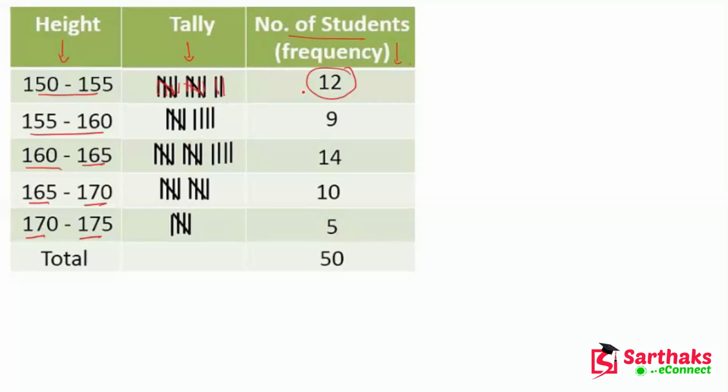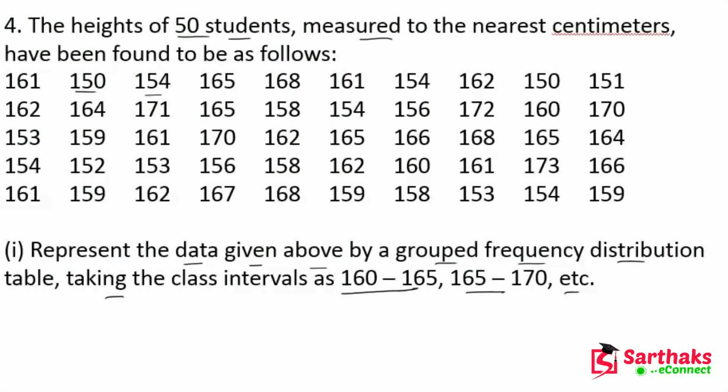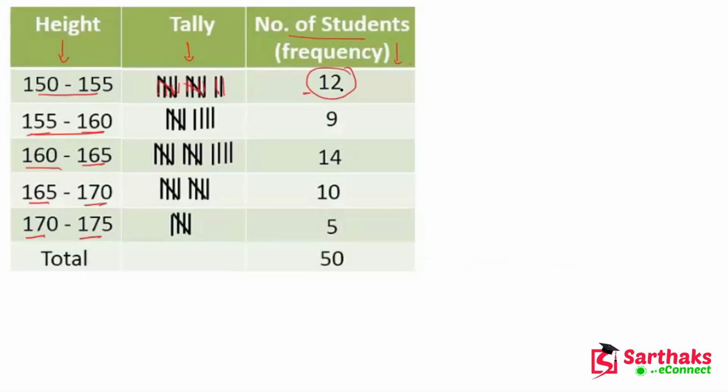Now how many students lie between 155 and 160? You will find there are a total of 9 students, and we tally 1 2 3 4 5 6 7 8 9.